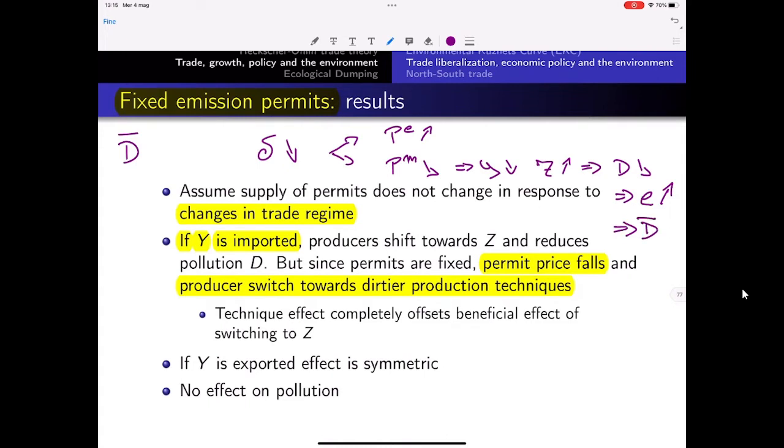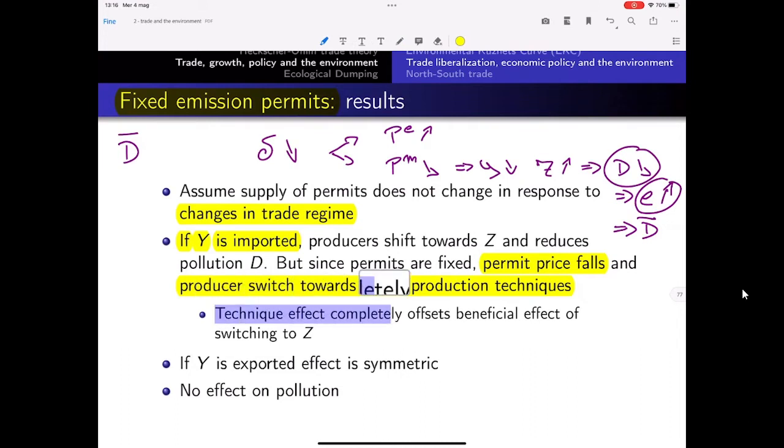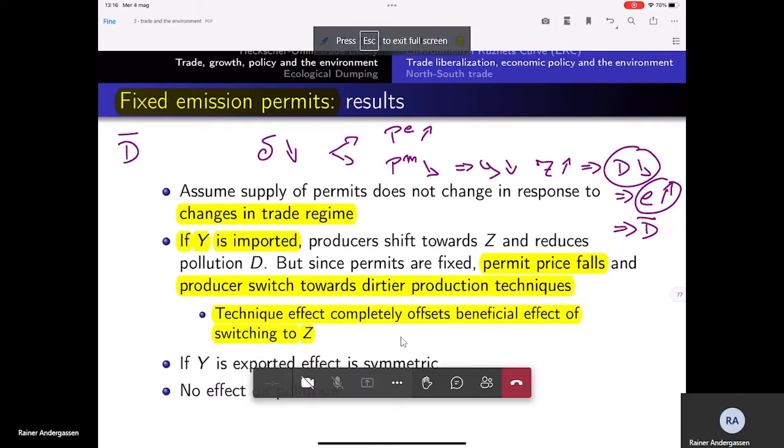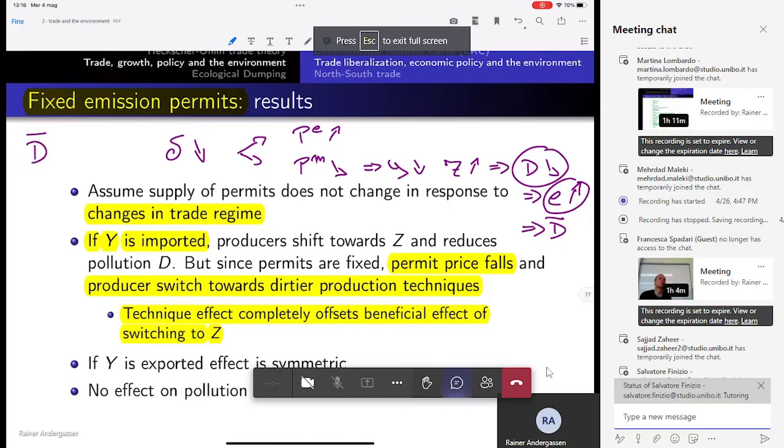What happens here is that the technique effect, this second effect here, completely offsets the composition effect here. And so overall emissions remain the same. Is it clear? The overall emissions remain the same. This is because the technique effect completely offsets the composition effect.